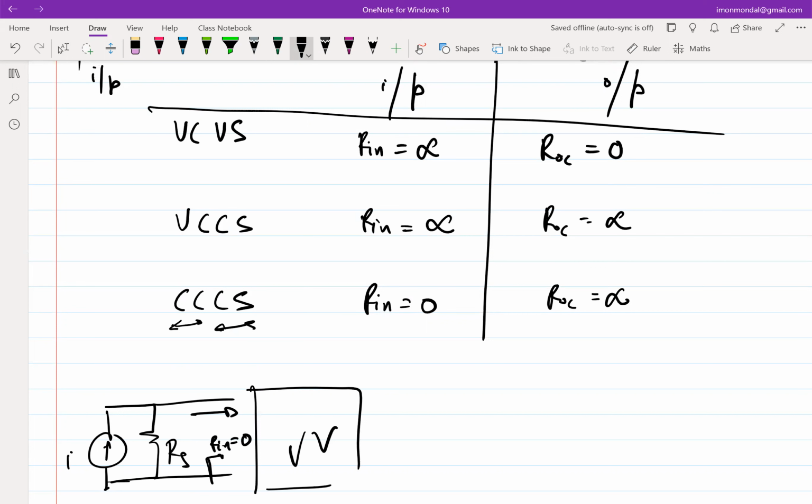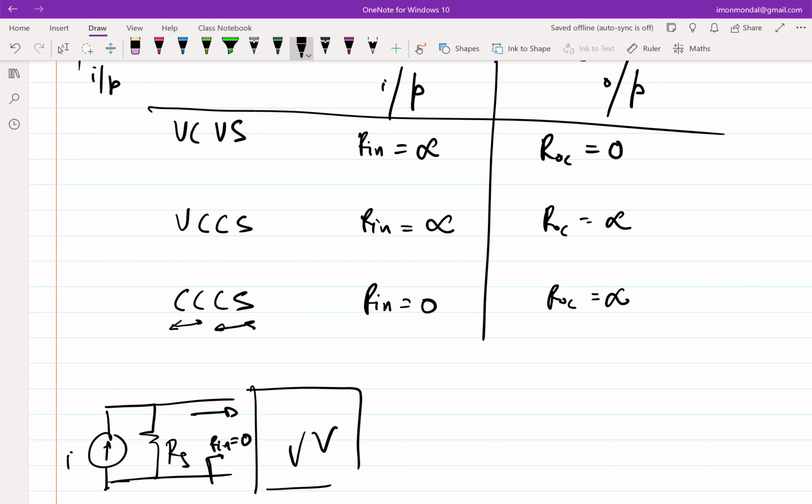If Rin is 0, then all the current will flow in. Current control means I want the absolutely highest value of current that I could have gotten from the source to go into the network. That's what current control means. And the maximum current that I can get from this source is I. If I is supposed to be going into the network N, then obviously Rin has to be 0, ideally.